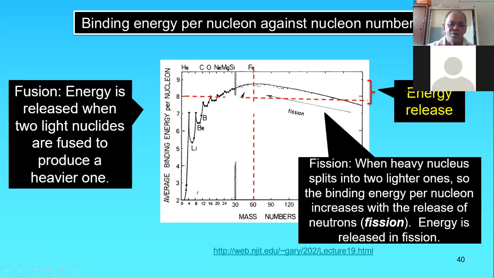Fusion, on the other hand, we take lighter nuclei from here and form a heavier one here. Now we see also energy is released. Whereas if we take nuclei around here and form bigger ones also around here, very little energy is released.